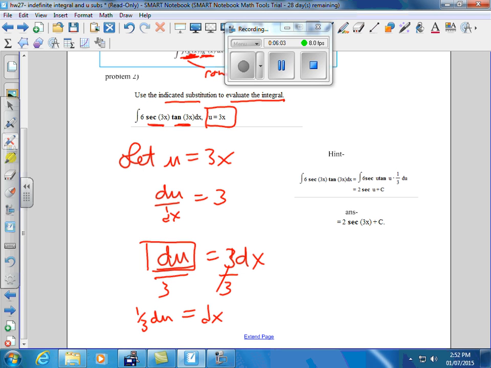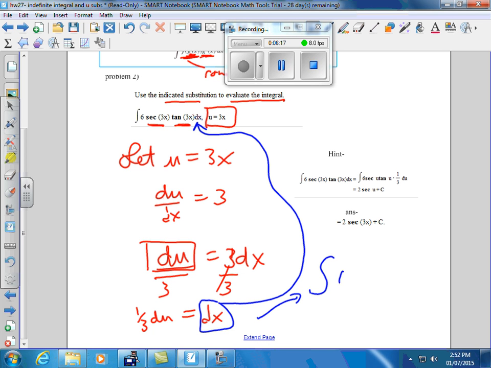So what I'm going to do is circle that. Take dx, way back in the original, and rewrite the original integral, replacing dx with this new expression, 1/3 du. All right, let's try it. So we'd have the integral of 6 secant u tangent u, and we would be replacing this dx with 1/3 du.